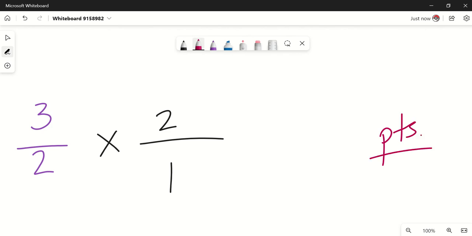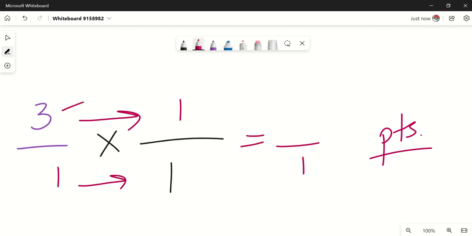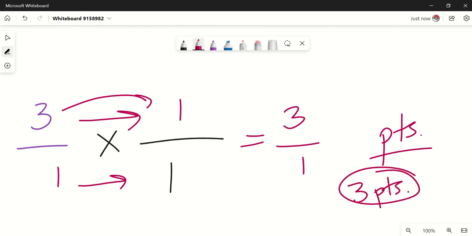I'm going to go ahead and cross simplify here because I have a 2 and I have a 2. Guess what? Those automatically become 1s, which makes my life a whole heck of a lot easier. 3 times 1 is 3. 1 times 1 is 1. 3 over 1, this would become just 3 pints. So 1.5 quarts becomes 3 pints.